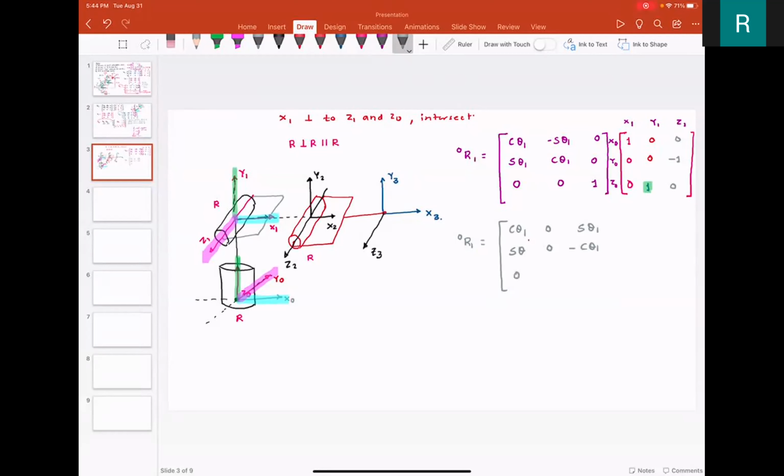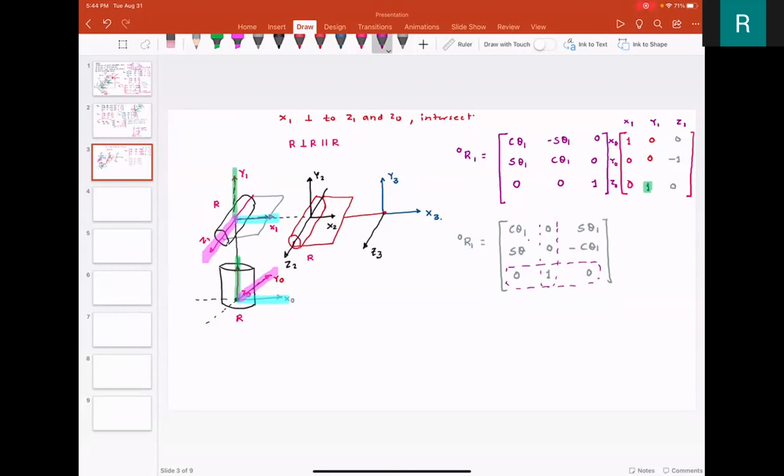Third row, second column. Actually, third row, second column should give me 1. And third row, third column. Now I want you to make sure that the sanity check works out. So can you see this is 1? So yeah, this works out.